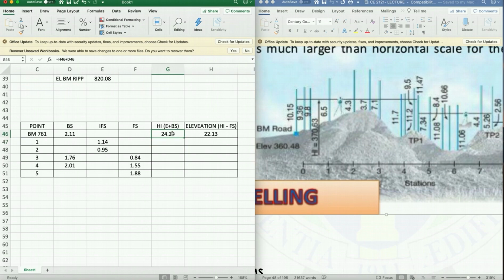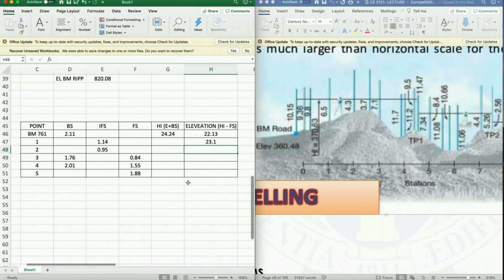So, we are still going to base it on the height of the instrument. So, for the elevation, it is still the height of the instrument minus the foresight. Again, IFS is still a foresight, then yun na. Yun na yung elevation natin at FS1. So, ito na yun. Okay? Just for example, pero hindi ito yun.